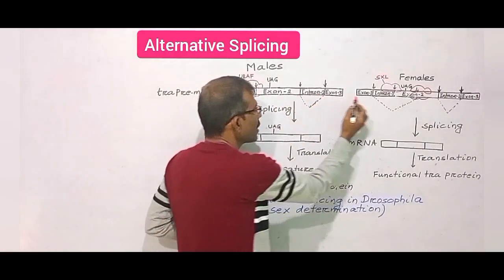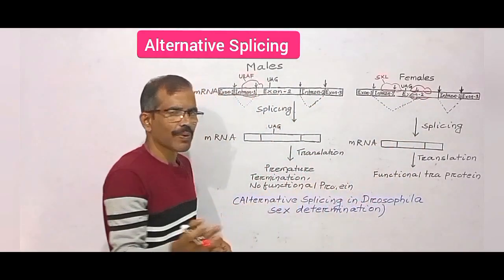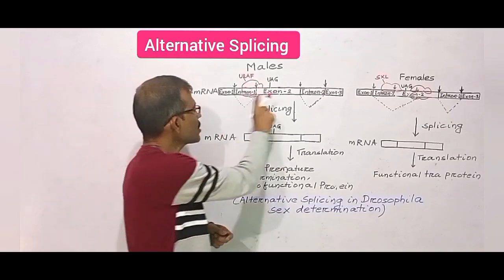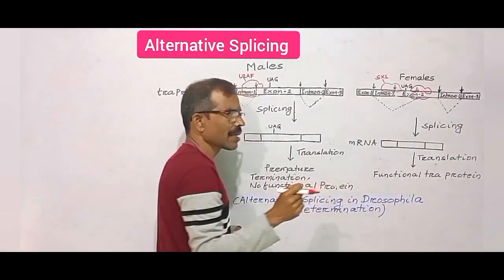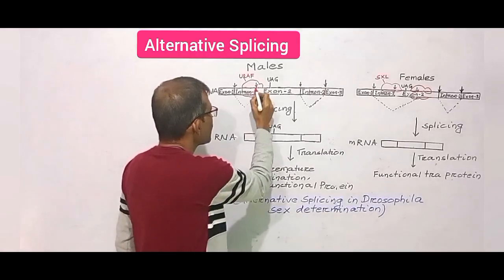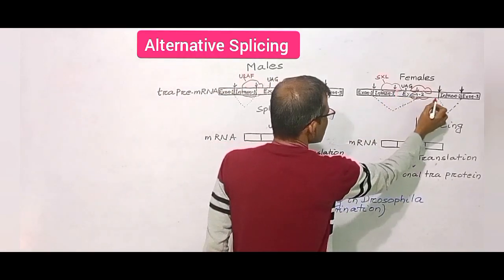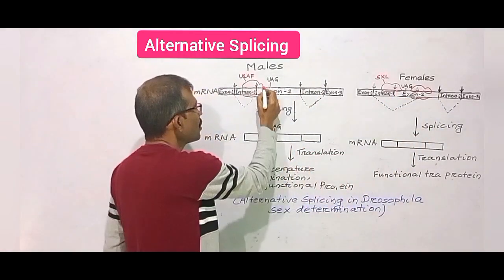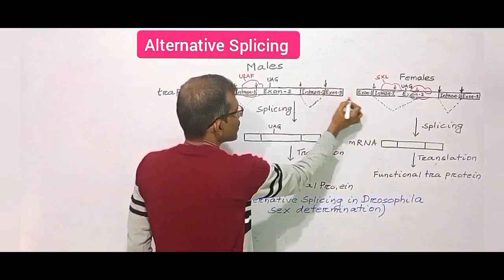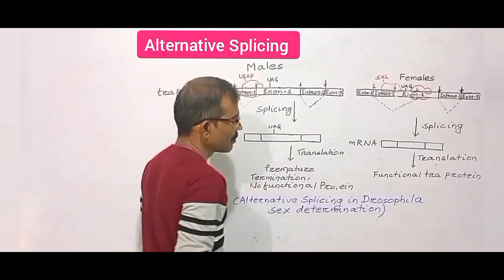The pre-mRNA is transcribed from a gene called transformer. The transformer pre-mRNA contains 3 exons, out of which the second exon contains a termination codon UAG. The arrow marks indicate various splice sites.